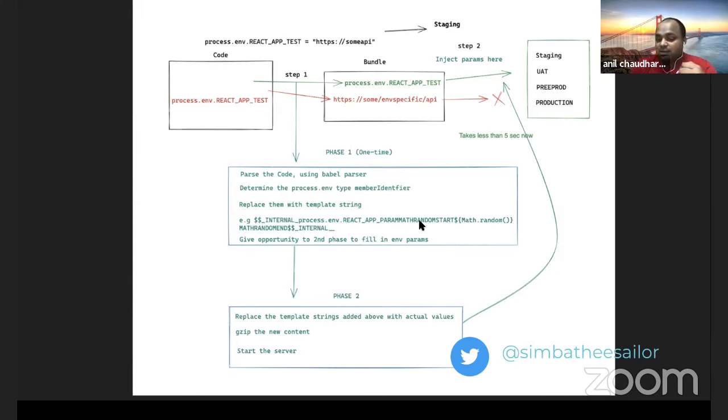But there is one more thing which is very crazy: Math.random. Why is there a Math.random? Because it's very difficult to figure out which Babel loader or which Babel plugin is actually doing the dead code removal. If I don't add Math.random, my bundler will remove this piece of code, if there is a truthy or falsy value.